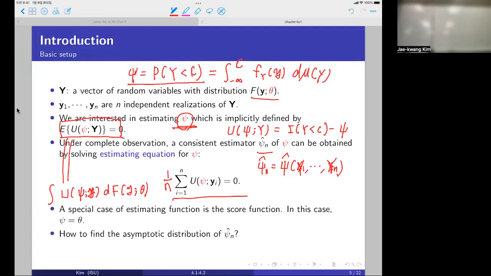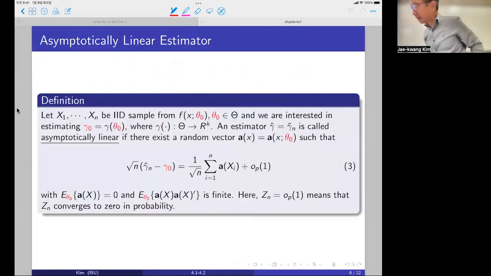And then we want to establish a central limit theorem and things like that. The only tool we know for the central limit theorem is for sums of IID random variables.